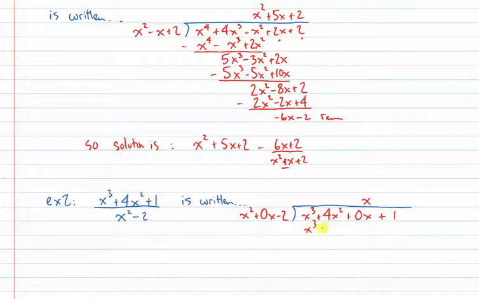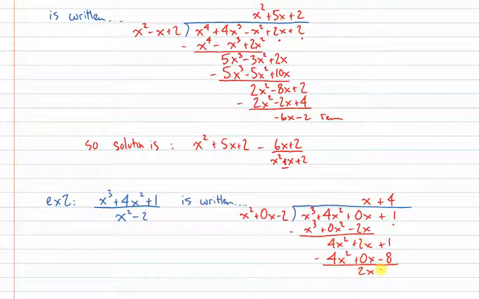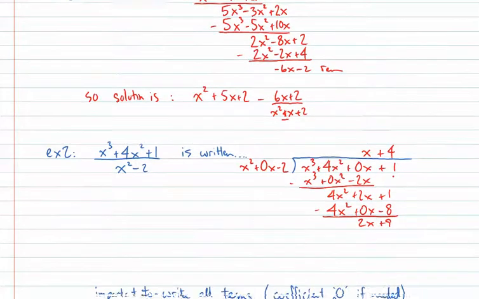I have x cubed, 0x squared, minus 2x. Subtract the results: 4x squared plus 2x. I'm going to borrow that term, and I'm going to write a 4 here. 4x squared, 0x, minus 8. I'm going to subtract those, and I'm going to get 2x plus 9 as my remainder.